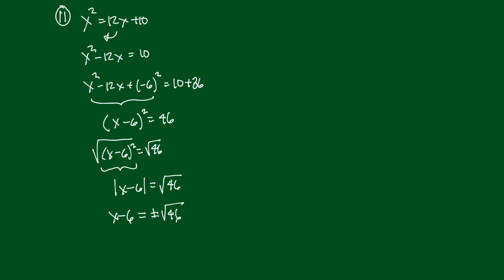One more step. Add 6. x equals 6 plus or minus the square root of 46. There's our two answers. Do you see the two numbers here? You get x equals 6 plus square root of 46 and x equals 6 minus square root of 46.